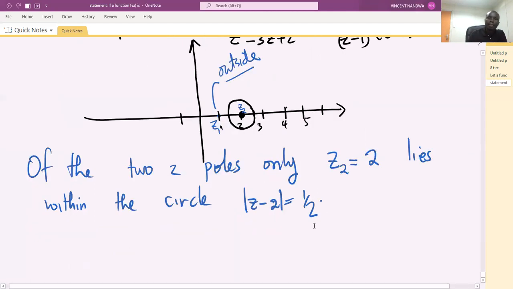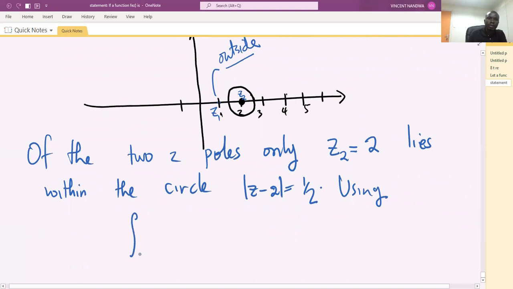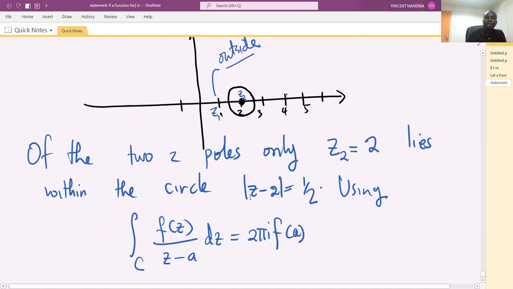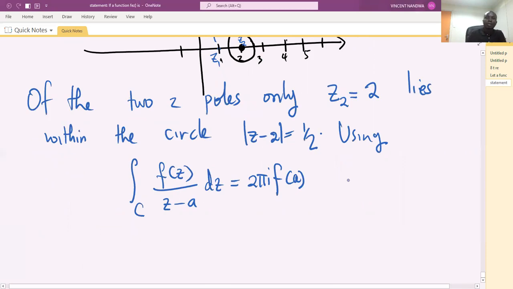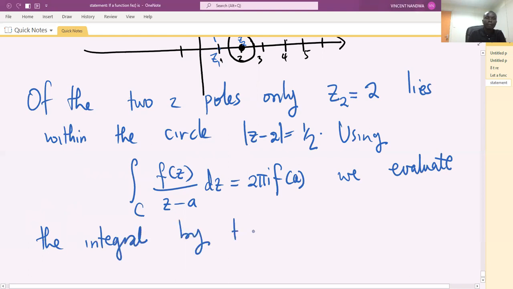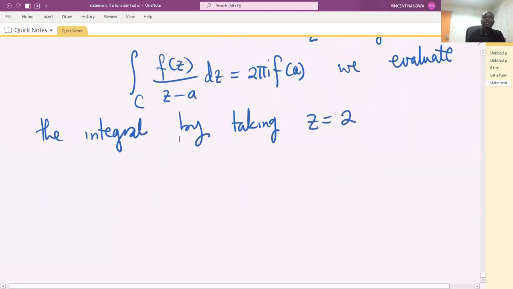So using this formula, that the integral along C of f of z over z minus a dz is 2 pi i f of a, we evaluate the integral by taking z equals 2, because that's the pole within the circle specified.